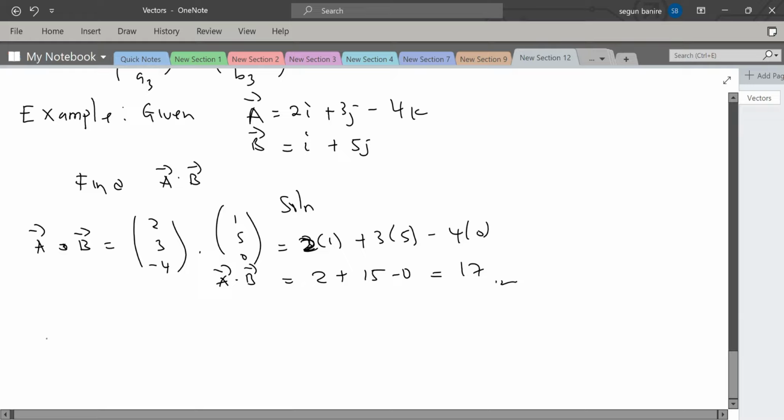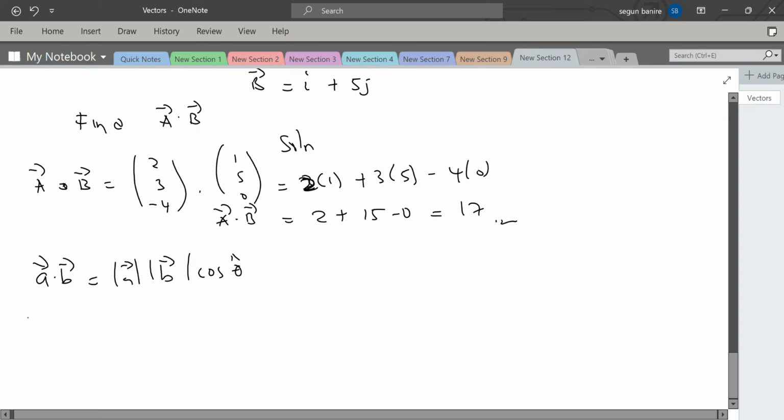So we have A dot B is equal to the magnitude of A times the magnitude of B, times cos theta. So sometimes you could be asked to calculate the acute angle between A and B. If they ask you to calculate the angle between A and B, you can use this formula.